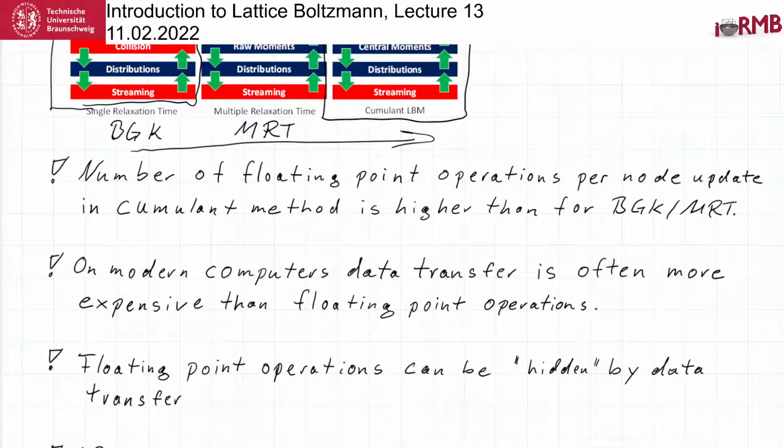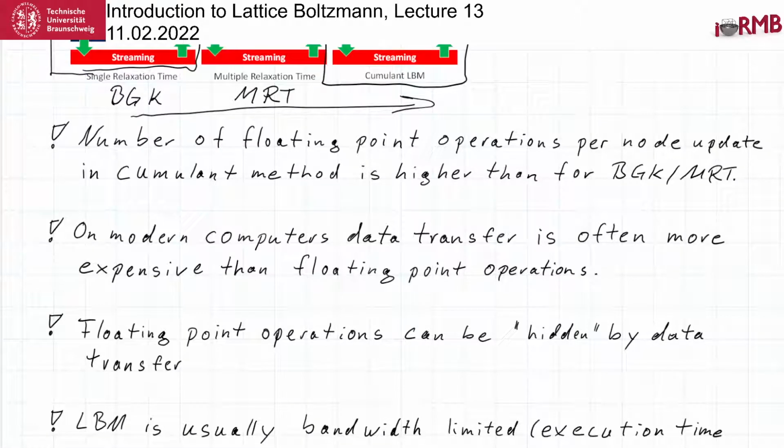And the good thing with modern computers is that they can move data while calculating. So the floating point operations can actually be hidden by the transfer. And if there is more transfer than computation, then the computations are basically for free.